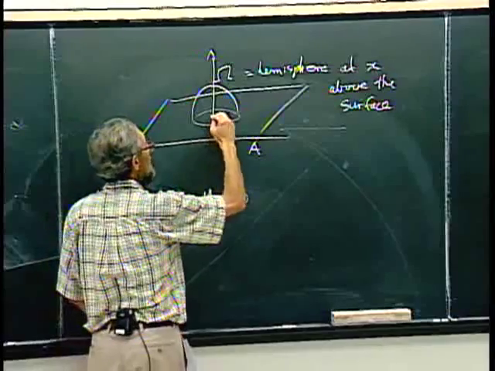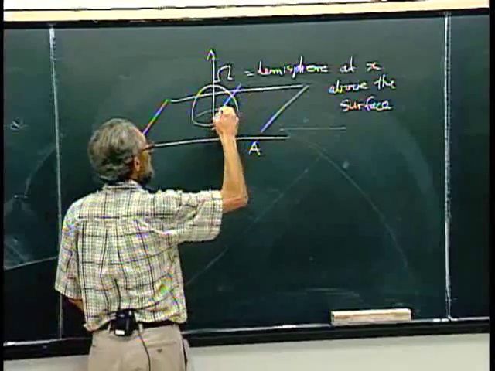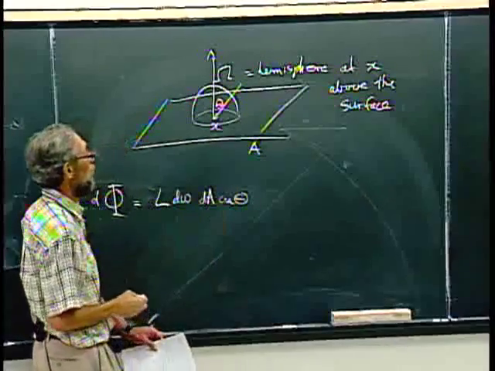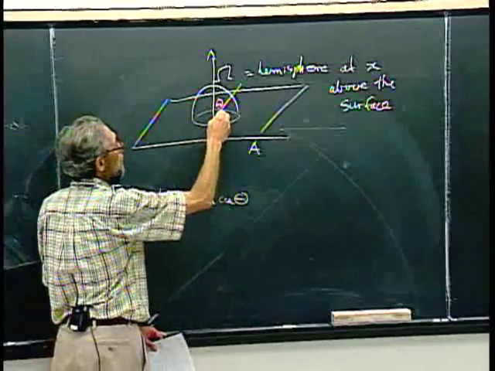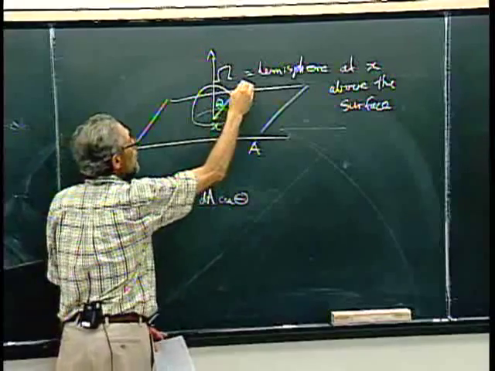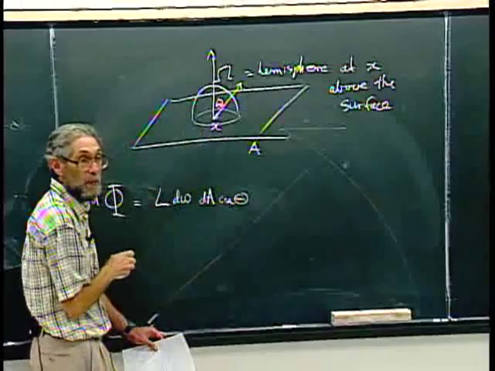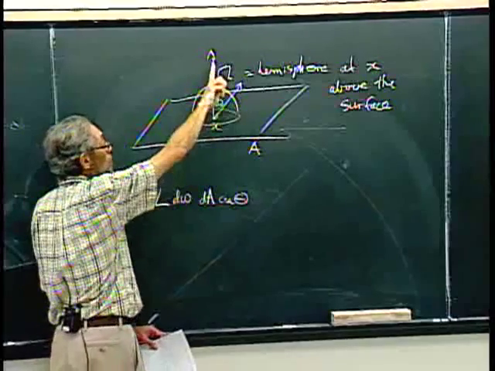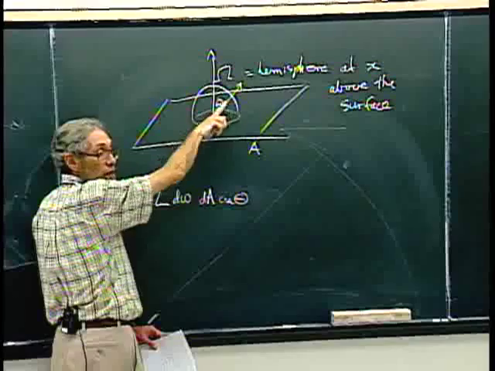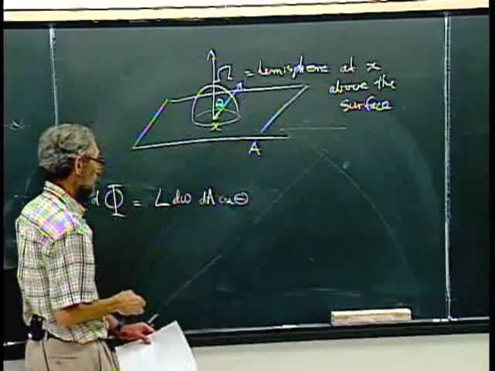This theta, the angle between the incoming light and the surface normal, we can think of as the direction not the light is flowing in, but the direction pointing to where the light is coming from. Then this really is the angle between the surface normal and the direction the light is coming from.